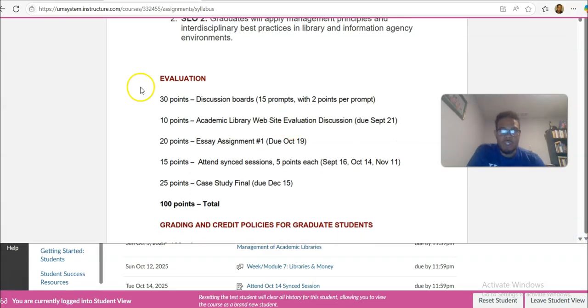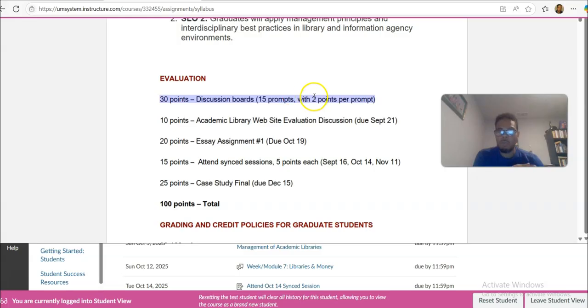Evaluation. This is the point breakdown. You can get 100 points total. 30 points are going to come from the discussion boards, and what I mean by that is you have 15 graded prompts. The introduction prompt is not graded, but you have 15 graded discussion board prompts in this class, and for each prompt you will get 1 point for your original post and 1 point for responding to a classmate.